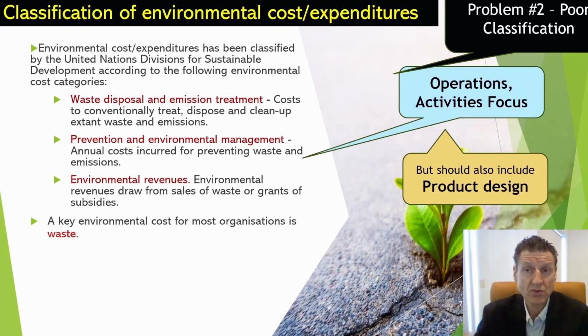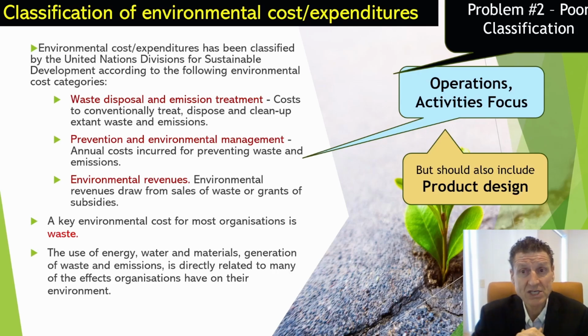A key environmental cost for most organizations is waste. So we need to separate out what type of waste and classify that better, but also we need to attach that to our activities, our value creating activities. So this is an example of how we can actually separate out different elements of environmental costs.